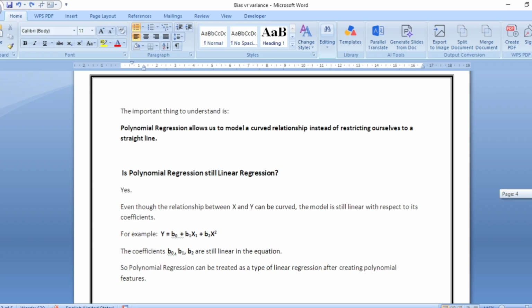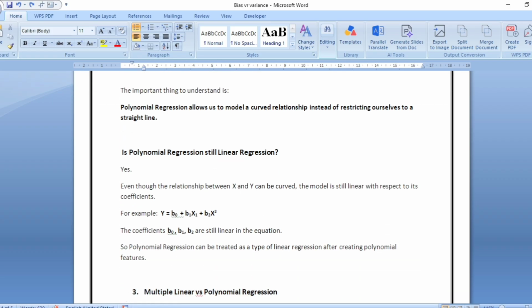So in the last video and in multiple linear regression, we were talking about a straight line relationship between input and output. But necessarily in real life, there can't be variables which will have a straight line relationship with the output. So for that, we use polynomial regression.